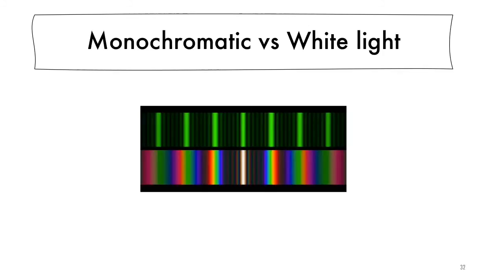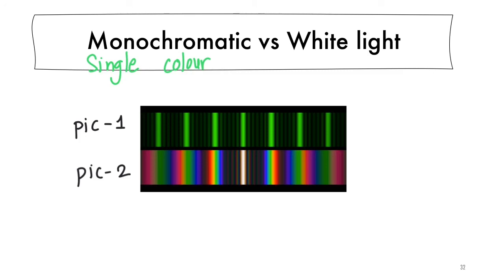Let's check the difference between the diffraction pattern formed by a monochromatic light and a white light. Mono means single, chroma means color. So monochromatic is single color. The first picture shows us the diffraction pattern of a green light, whereas the second picture shows us the diffraction pattern of the white light.